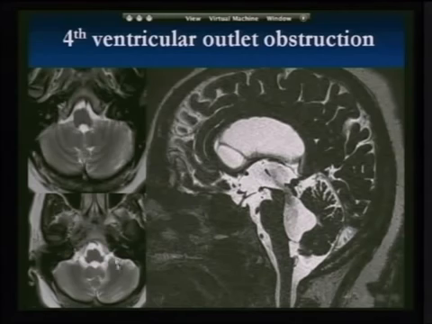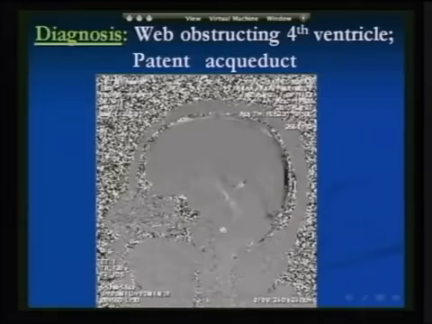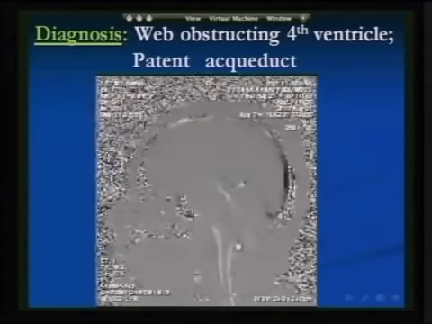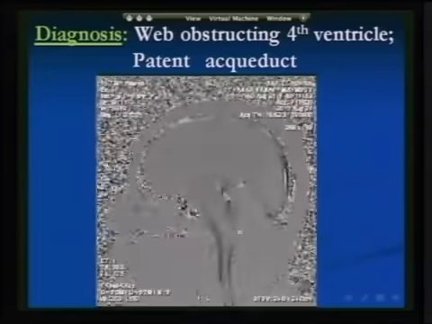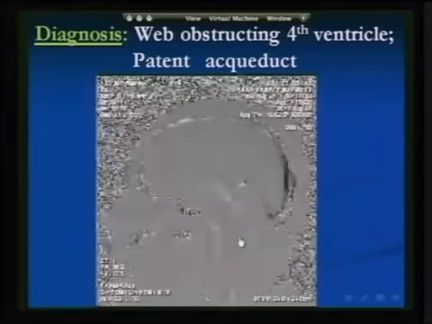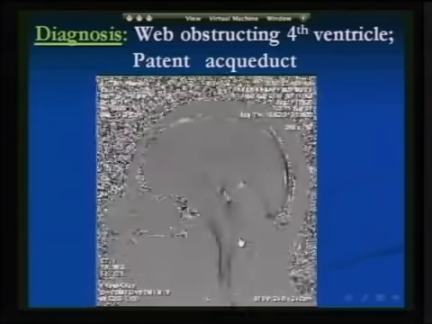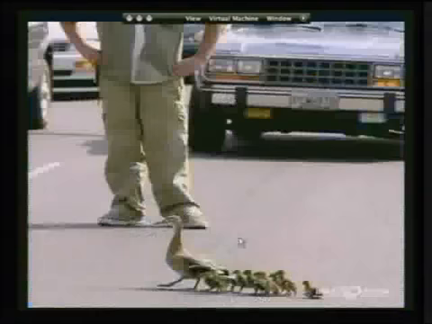On the conventional sequences, the fourth ventricle seems to be normal, but on this spatial sequence, we can see there is a web obstructing the fourth ventricle. This was confirmed on the phase contrast, where there is no connection at all between the fourth ventricle and the subarachnoid space, confirming fourth ventricular outlet obstruction.